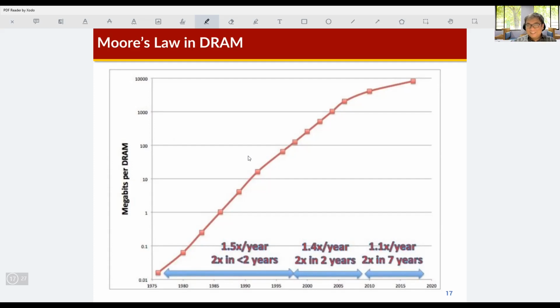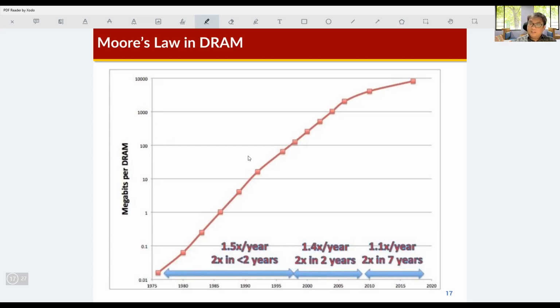And then until 2010, the density of the DRAM doubles in 2 years. So it's very similar to Moore's law. And after that, it's 1.1 times per year, a doubling in 7 years. So what does that mean?